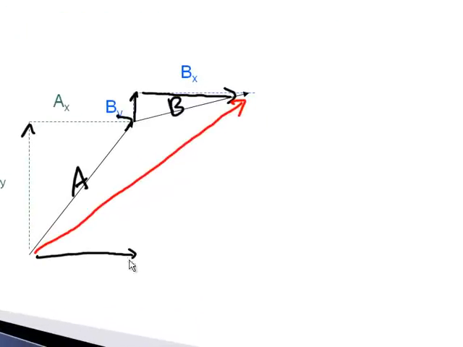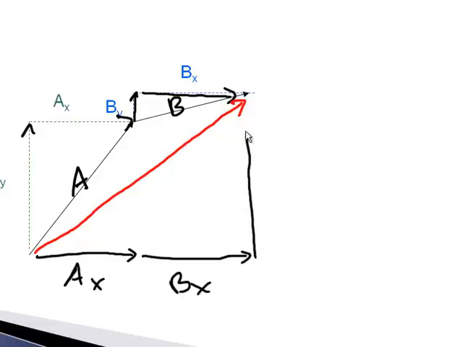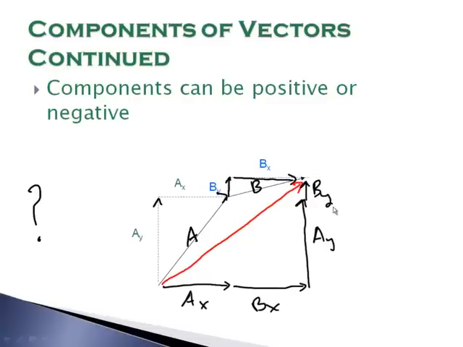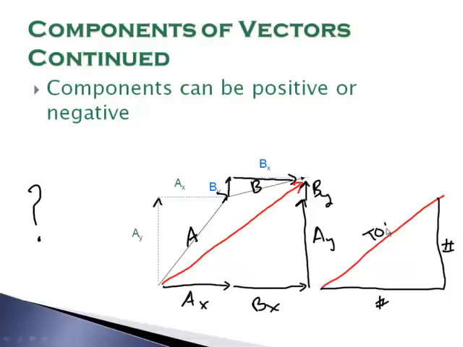I've got how far this one is in the x. I have how far this one is in the x. I have how far this one is in the y. And I have how far this one is in the y. And if I add those together, now all of a sudden I have a big triangle. I've got a number here. I've got a number here. And so I can find this, the total, which we call the result right here.